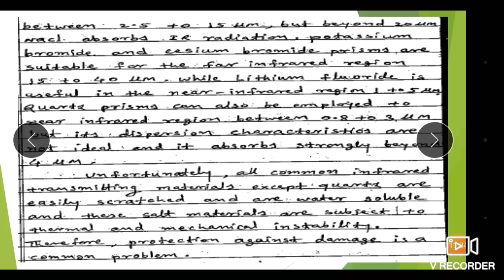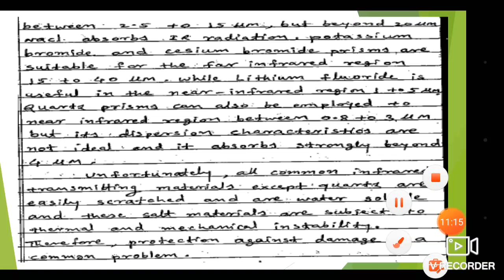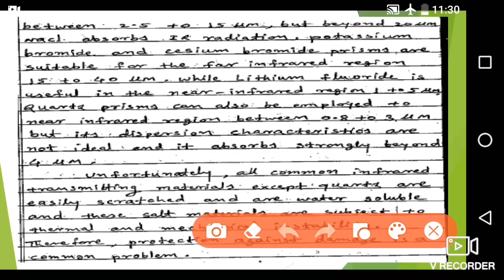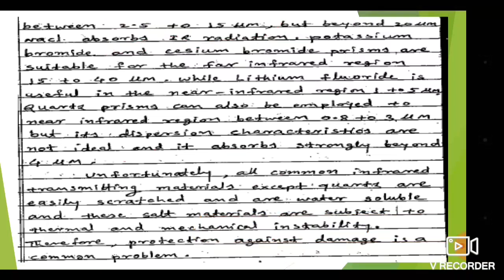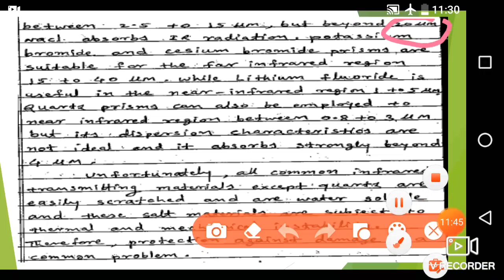So this alkali halide prism gives us dispersion of light in the range of 2.5 to 15 micrometer, which is the required wavelength range in IR spectroscopy. But beyond 20 micrometer it does not work.